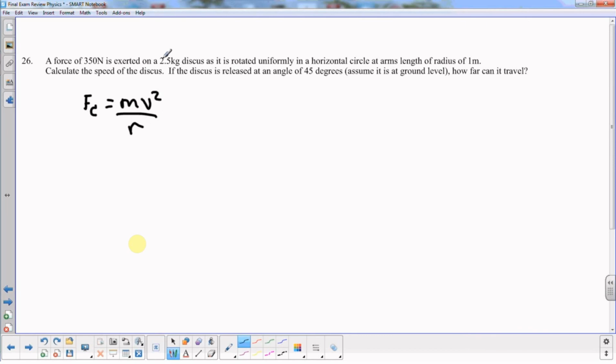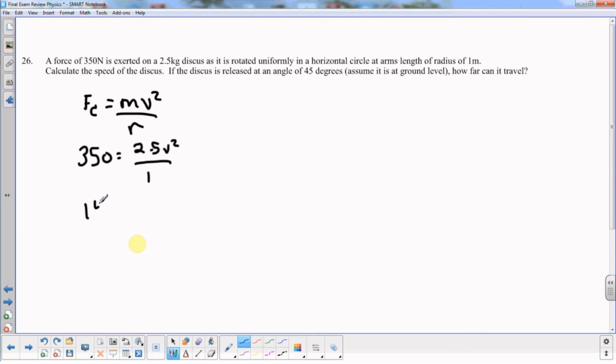And I have an m, and I have an r, and I have an Fc. So 350 equals 2.5 v squared over 1 meter. Boom, boom, boom. 350 times 1 is 350 divided by 2.5 equals 140.